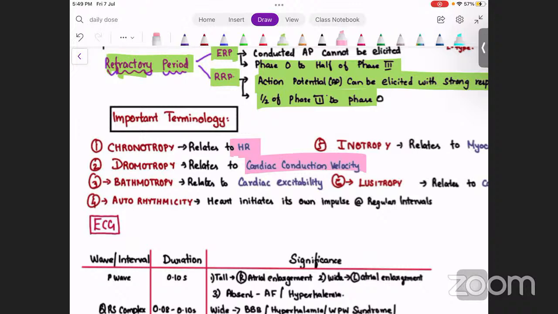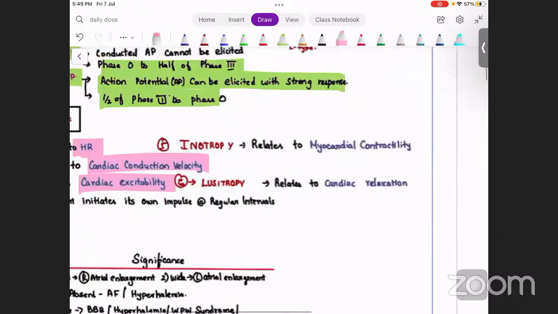Similarly, we have the dromotropic effect, which relates to cardiac conduction velocity. Then the bathmotropic effect, which is due to cardiac excitability. Then the inotropic effect, which relates to cardiac contractility. And lusitropy relates to cardiac relaxation.